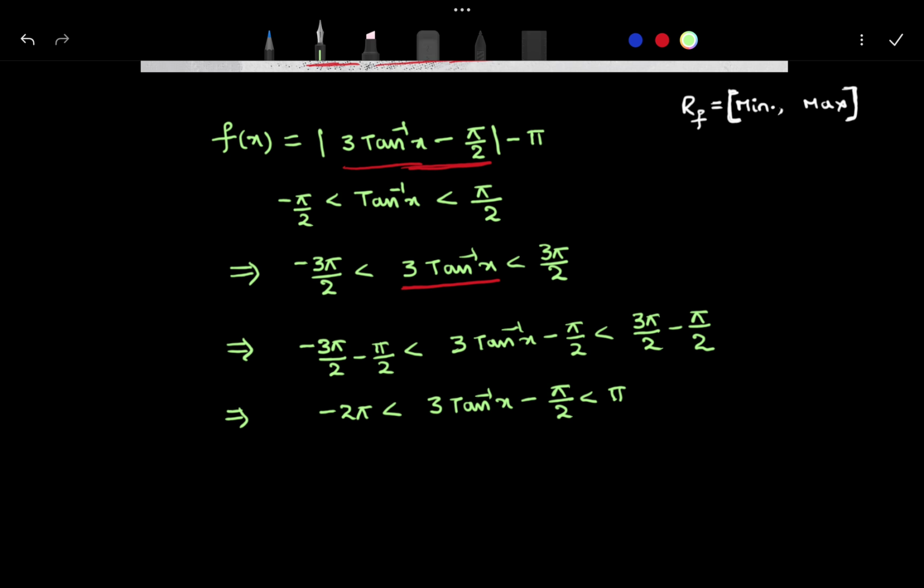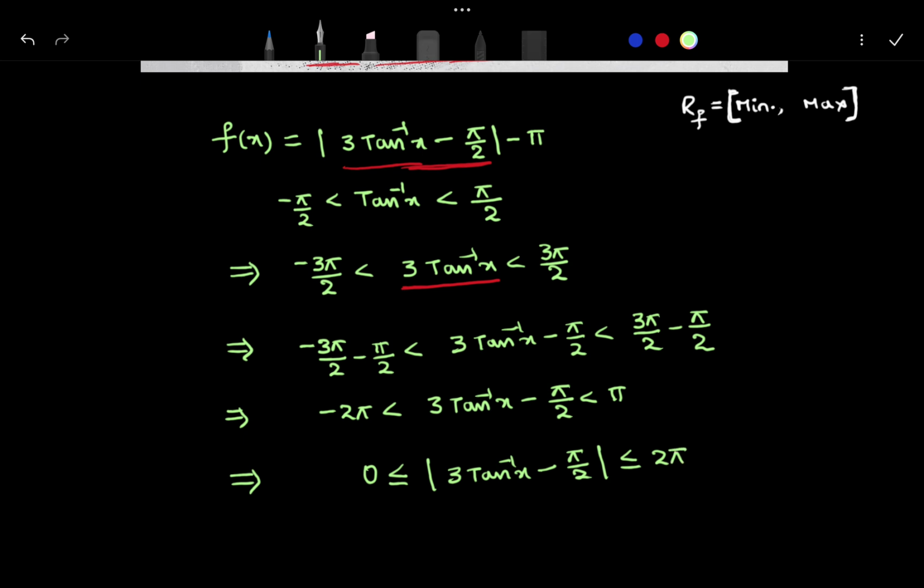So after you take the modulus, it becomes 0 less than or equal to modulus of 3 tan inverse of x minus pi by 2, less than or equal to 2 pi.